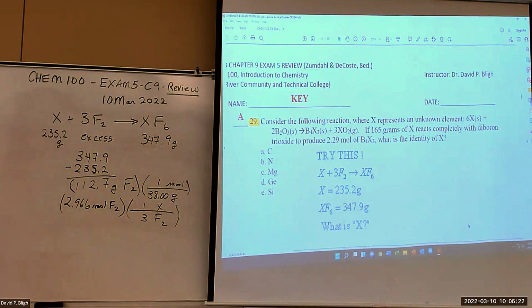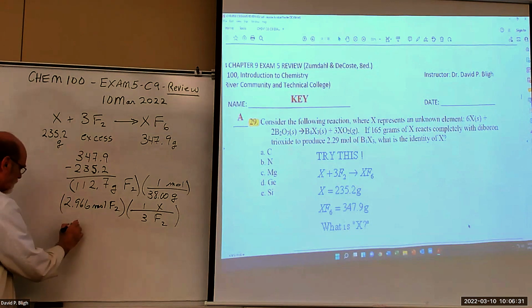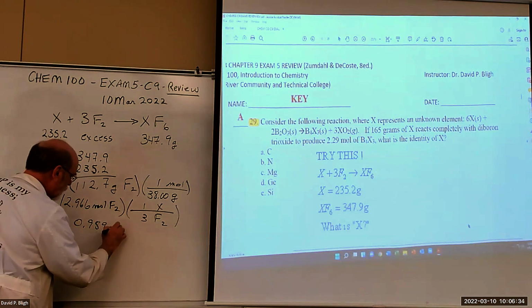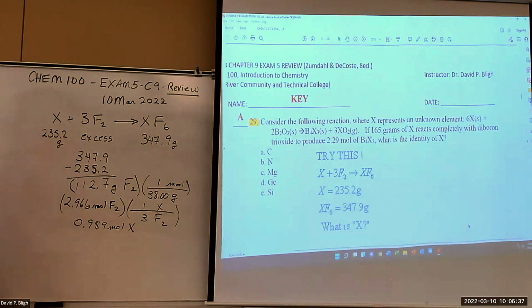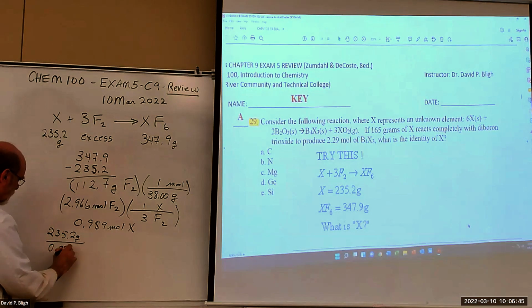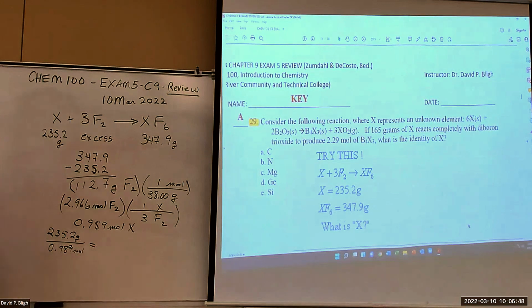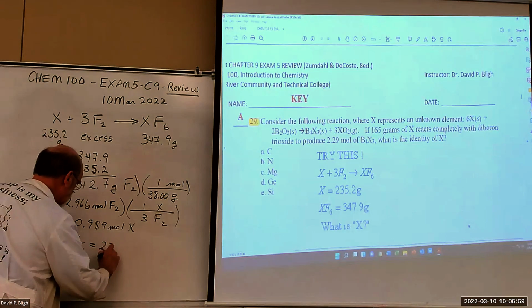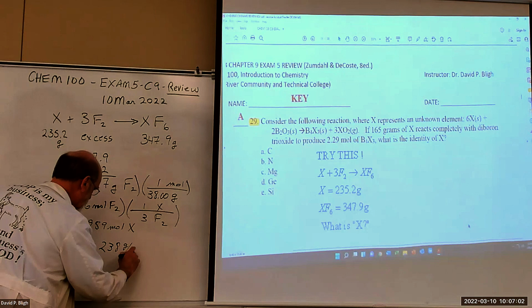So we divide 3 into 2.966, and we get 0.989 moles of X. Now we've got the information we need. 235.2 grams per 0.989 moles. 235.2 divided by that number, 238 grams per mole.